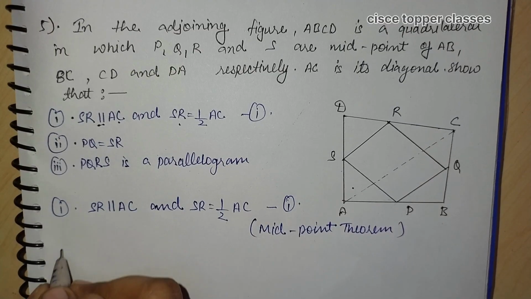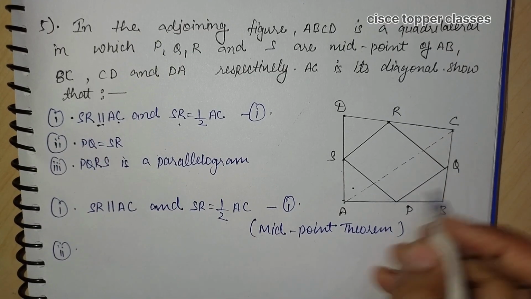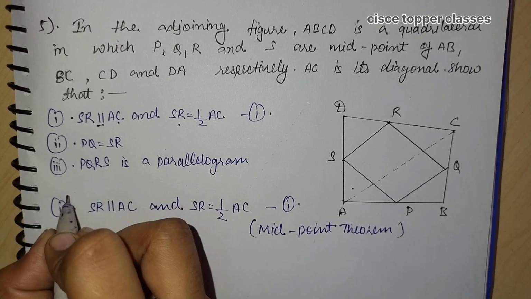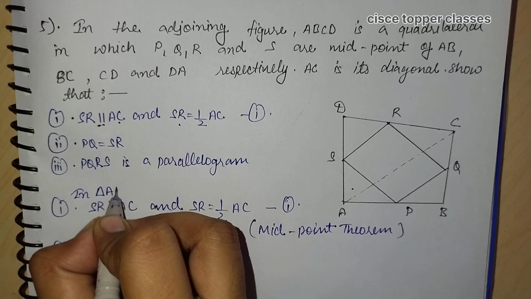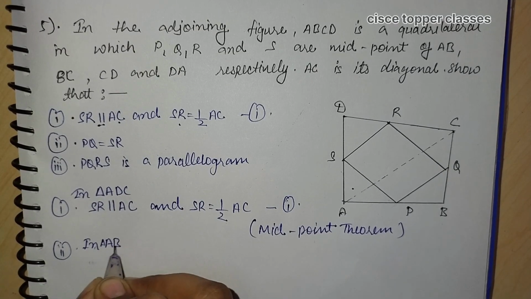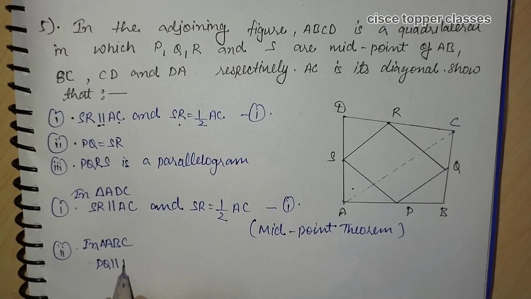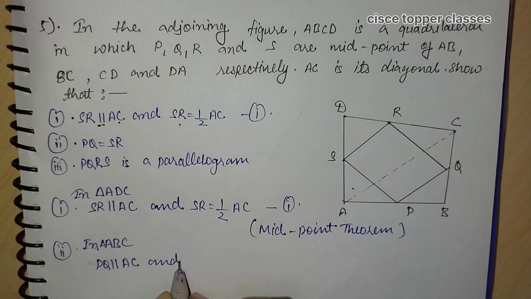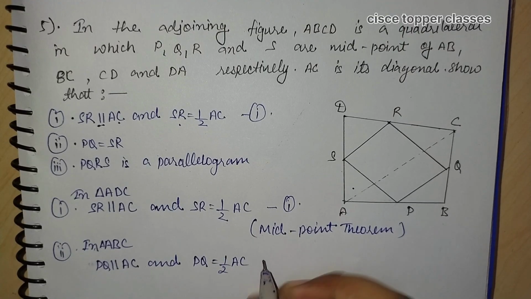Now, the second thing which we have to prove in this question is PQ is equal to SR. So simply, in this we have triangle ADC. Similarly in triangle ABC, we can write PQ is parallel to AC, and from here only we have PQ is equal to half of AC by the midpoint theorem only.